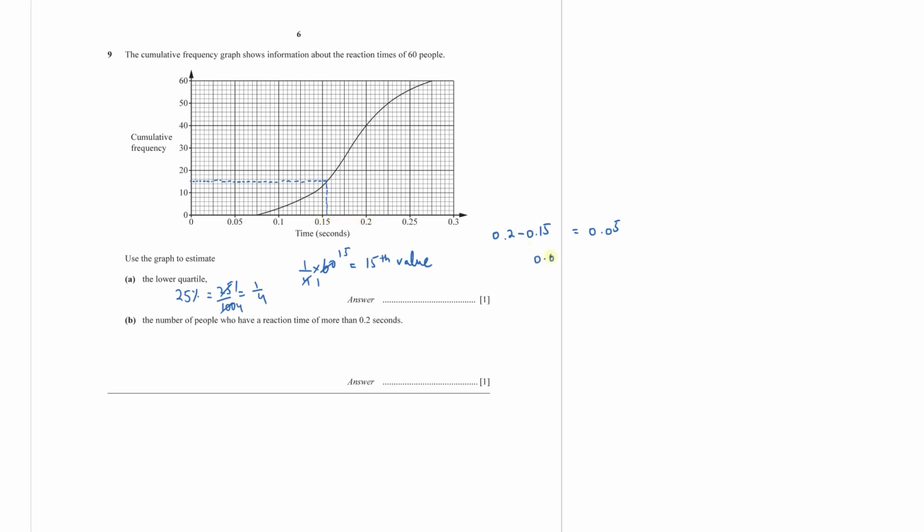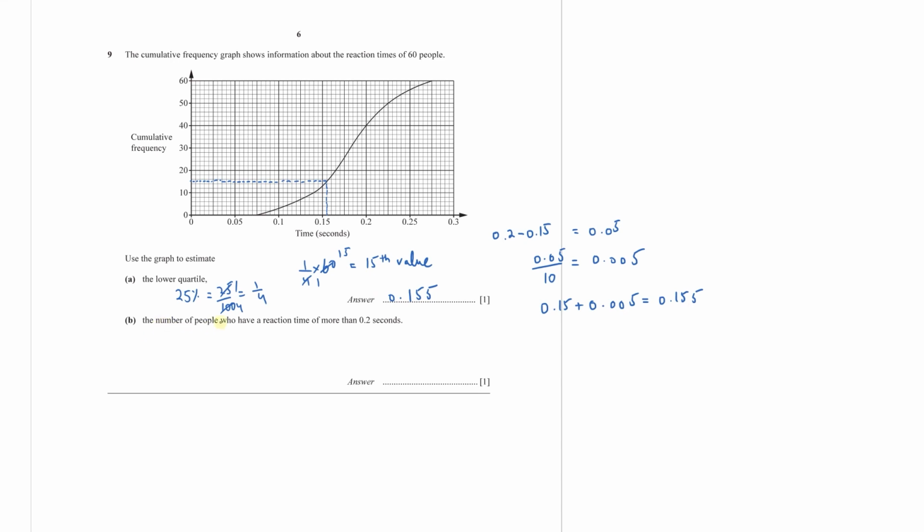So one box will represent 0.05 divided by 10, which is 0.005. So each small box on the x-axis represents a value of 0.005. So since I am one small box to the right of 0.15, my 15th value from this graph would be 0.15 plus 0.005, which is equal to 0.155. So your answer would be 0.155.